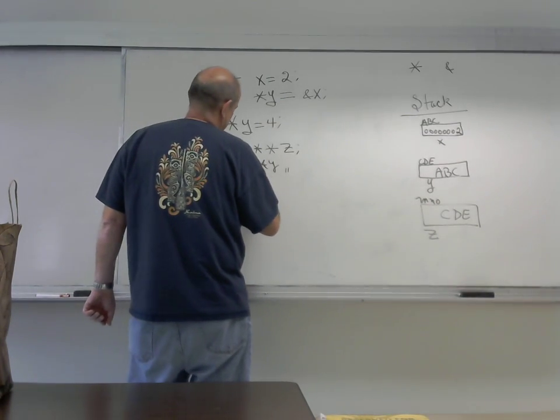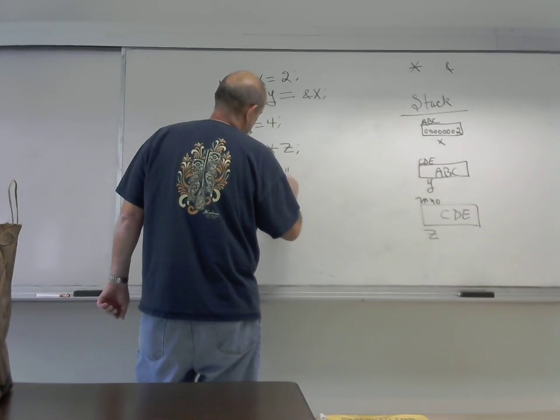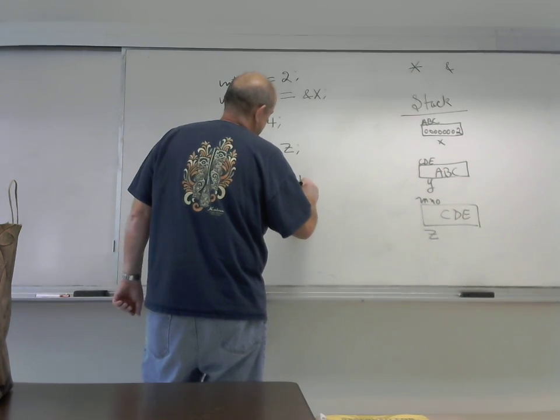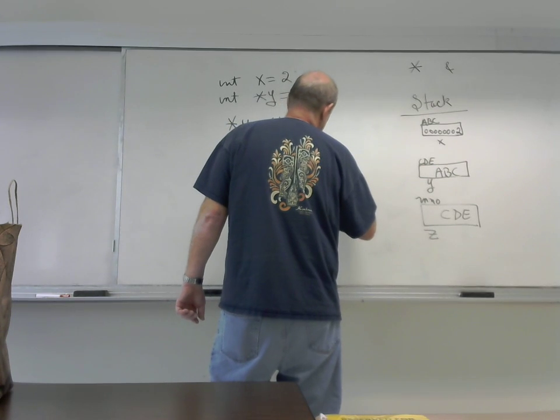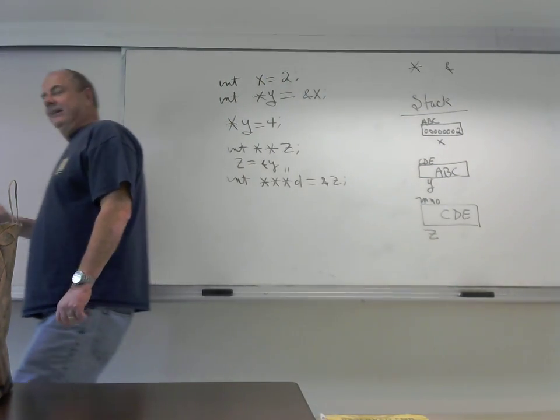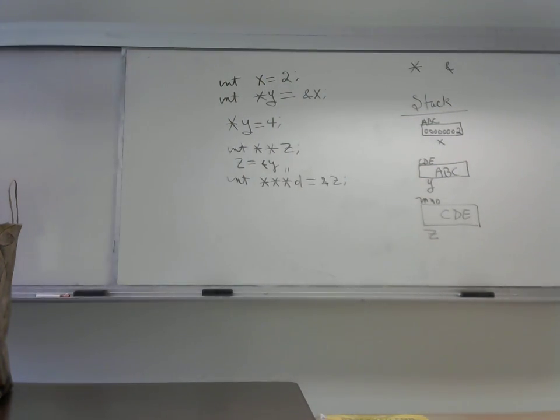And star, star, star, D equals 2. Is it legal? Yes, it is. So if you print star, star, star, D, you get the 2. So this is a chain of pointers, so to speak.